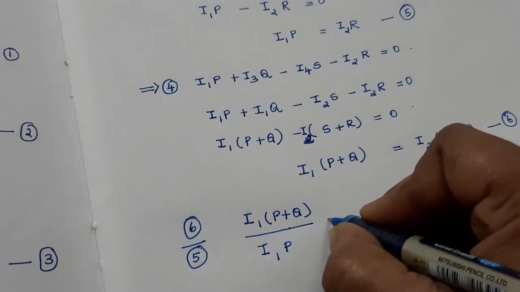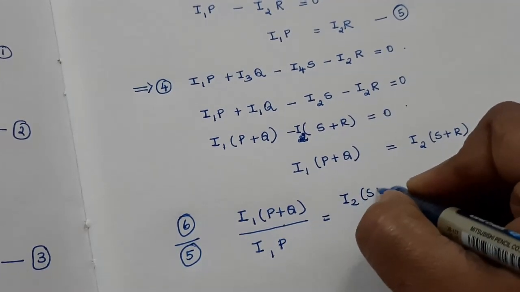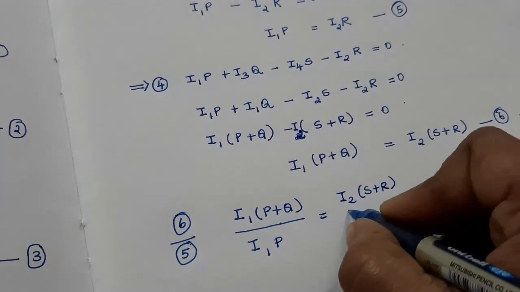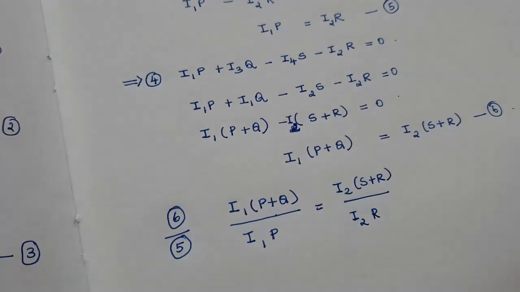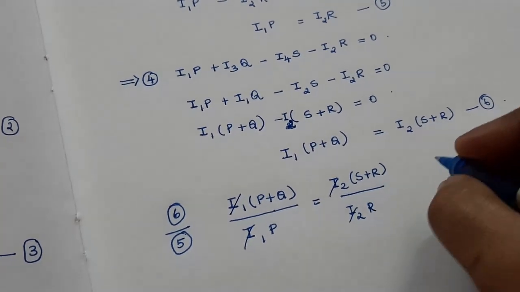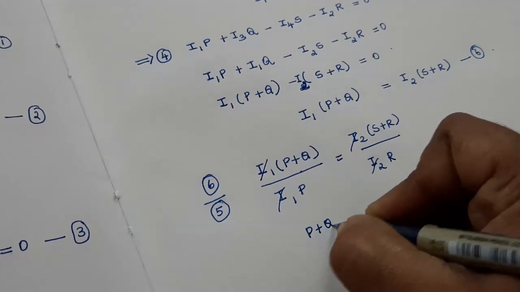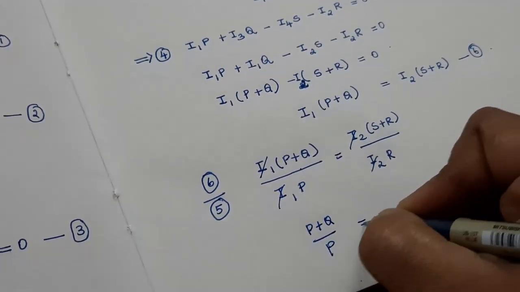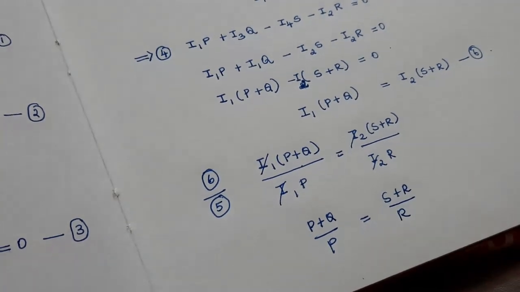On the other side, we will have I2 into S plus R divided by I2R. So I1 and I2 get cancelled, and we have P plus Q by P is equal to S plus R by R.